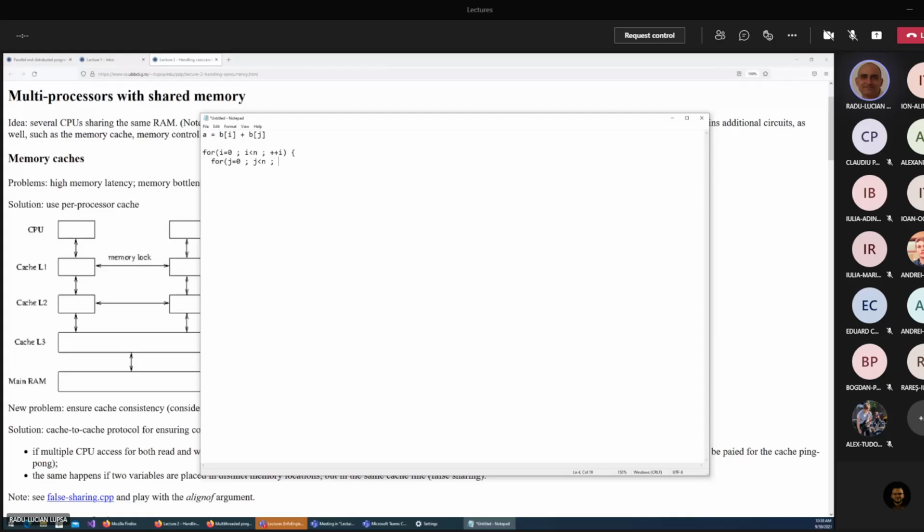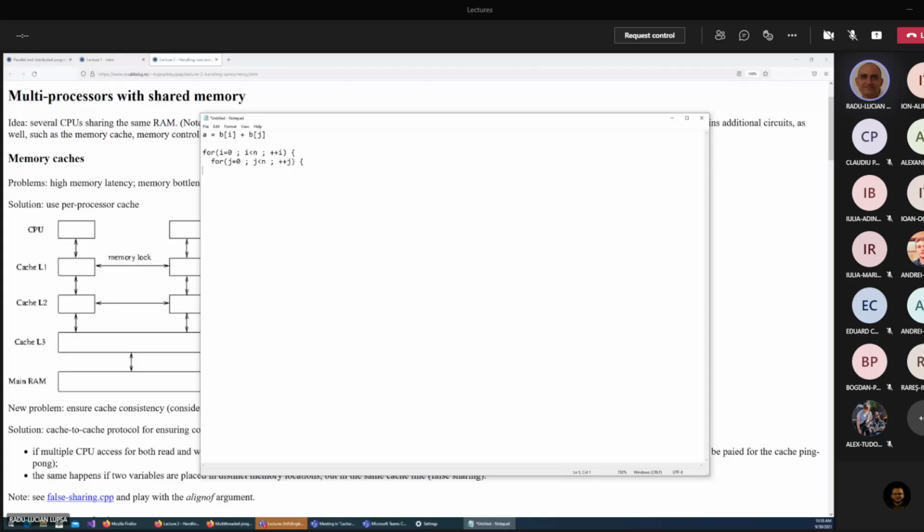And here I'm doing something. I have a matrix A, and I'm doing something with A of i and j. Let's say I'm doing some s plus equals this value.